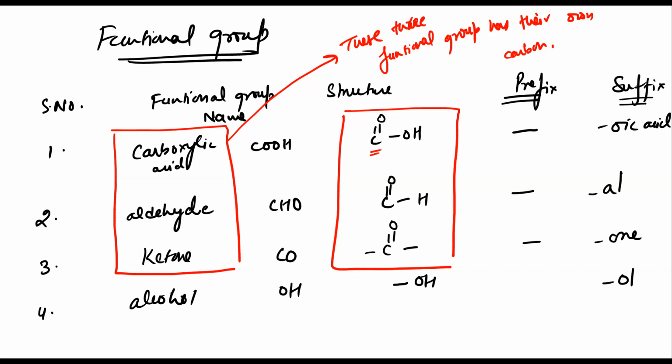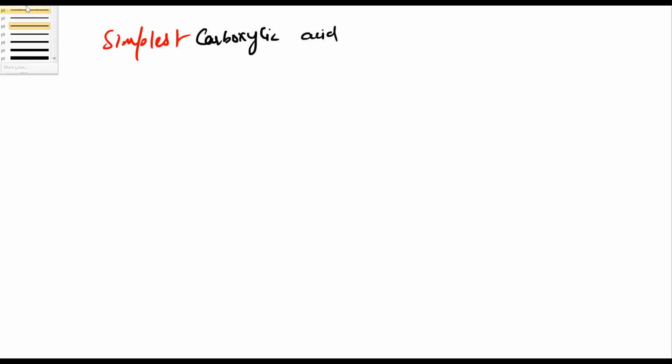For example, if I want to write the simplest carboxylic acid, it is going to have the COOH functional group. Since it has its own carbon, this carbon has already made 1, 2, 3 bonds.